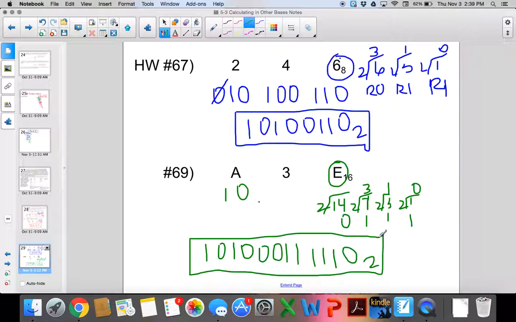For the next 71 through 74, the easiest thing to do is to convert the numbers you're given into binary, and then convert the binary numbers into either hexadecimal or octal, whichever you are asked for. And I think in the homework answer key, I do a pretty good job of showing that. So we're going to go over all of this, and I would like for you to finish through 74 to the best of your ability.